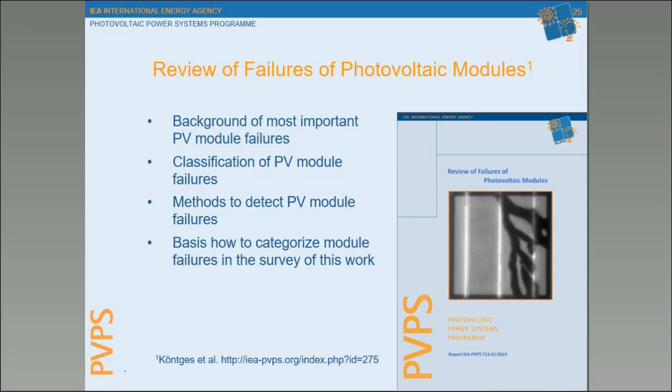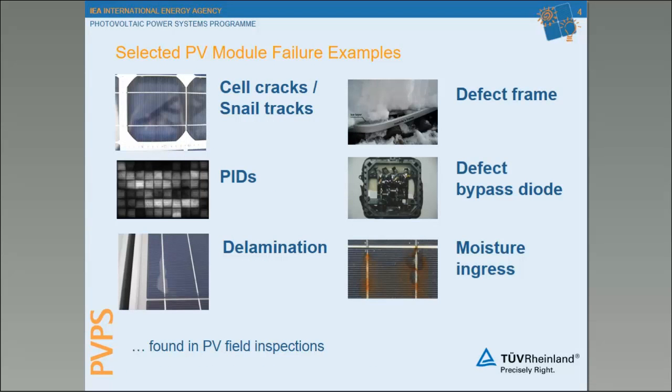We classified module failures from a systematic point of view, and we described and outlined the different methods to detect failures in the lab and in the field. This first work, and you can see the report on the right-hand side, deals with categorizing module failures and how to assess them.